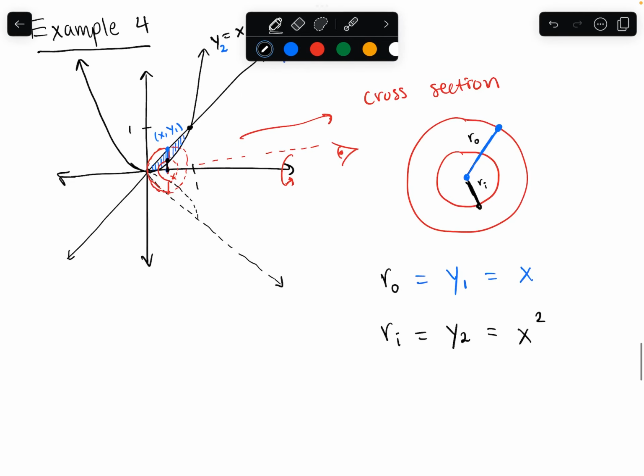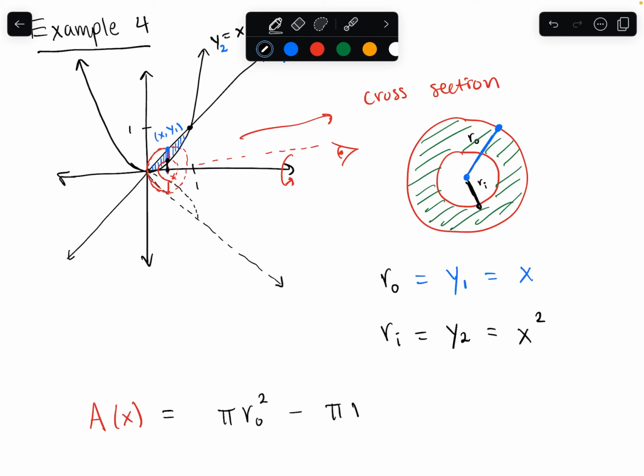And so now, if I want the area of the cross-section at x, well, the area of the cross-section is all this part in green here. But you can think of it as take the area of the circle with the outer radius, so this is pi outer radius squared, and then subtract off the area of the circle with the inner radius, because that's what you're removing.